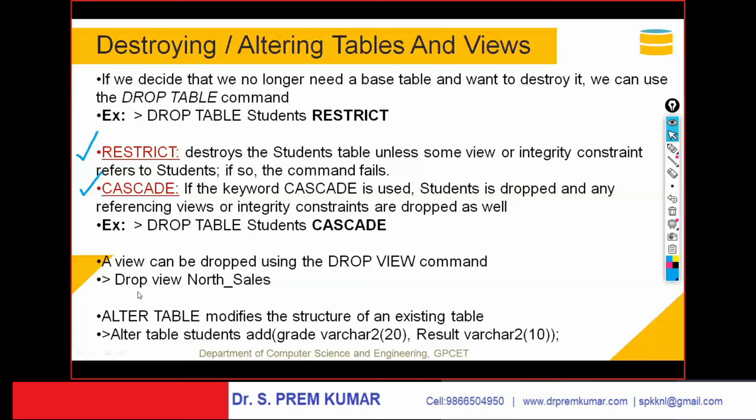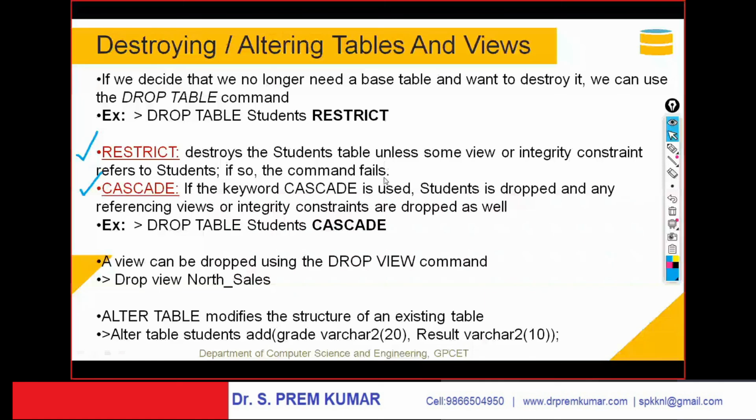While dropping the table, we use two commands called restrict and cascade. Coming to restrict, restrict destroys the student table unless some views or integrity constraints refer to the students. If so, the command fails. Listen carefully.